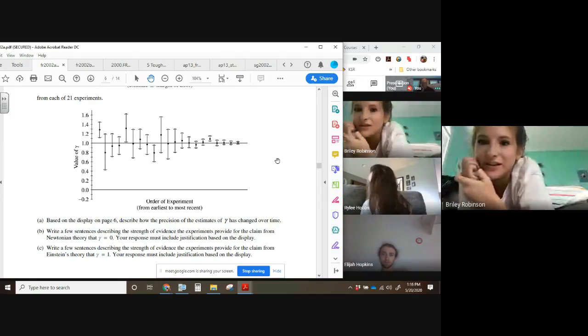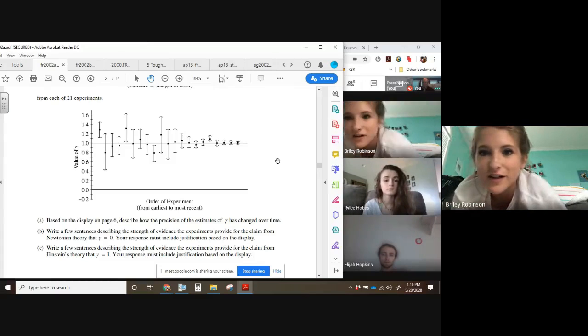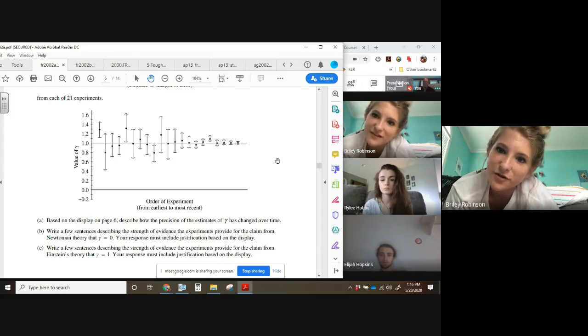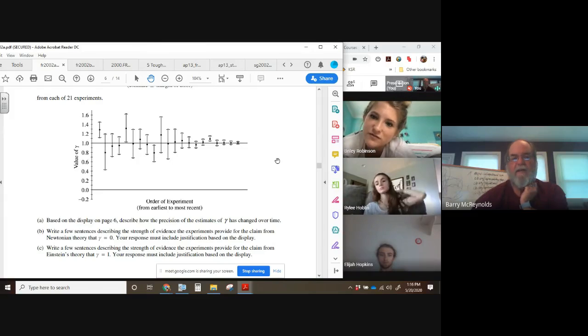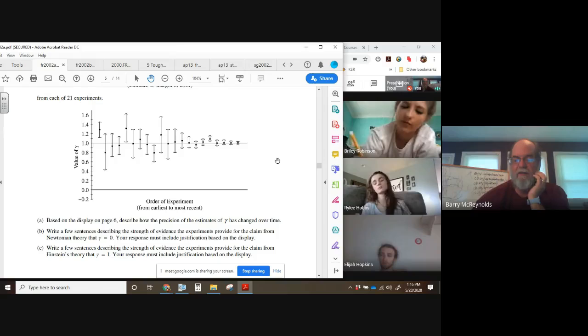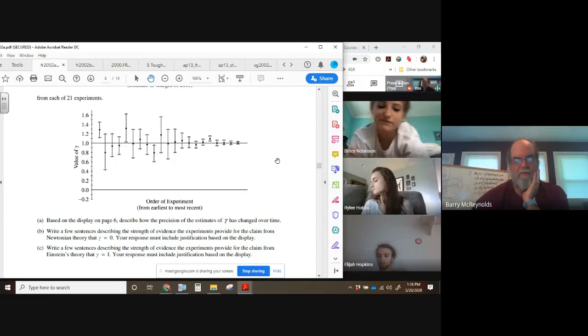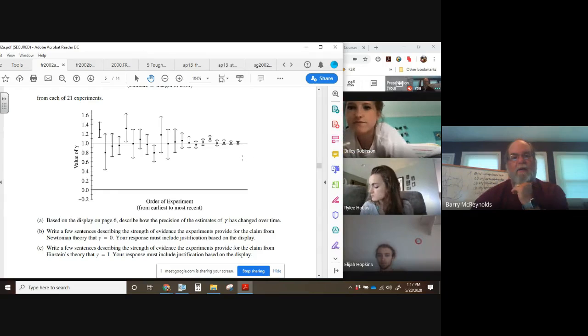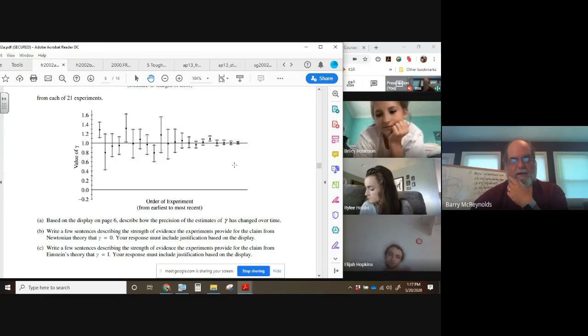It's very likely; almost all of the intervals would contain the value 1. That's how you want to describe that. Briley's answer is right on here, I think. Almost all of the intervals contain the value 1.